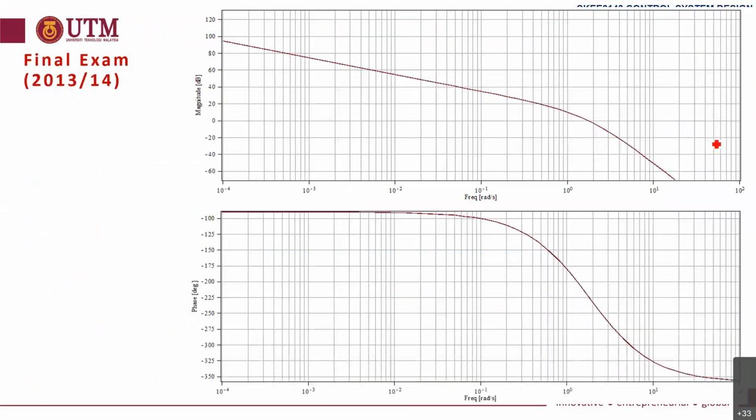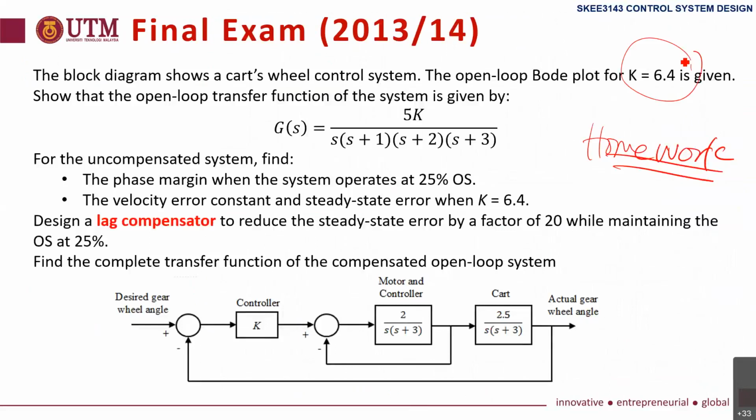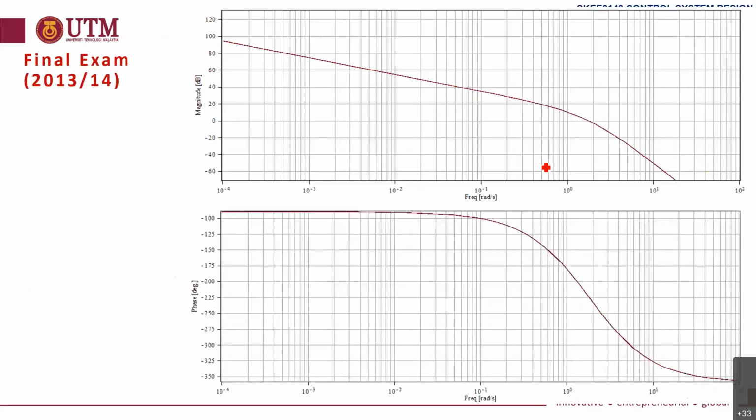First, it is drawn with K 6.4. Then they ask what is the phase margin for 25% overshoot, find error constant and also steady state error when K 6.4. You can calculate or you can also obtain from the graph here.